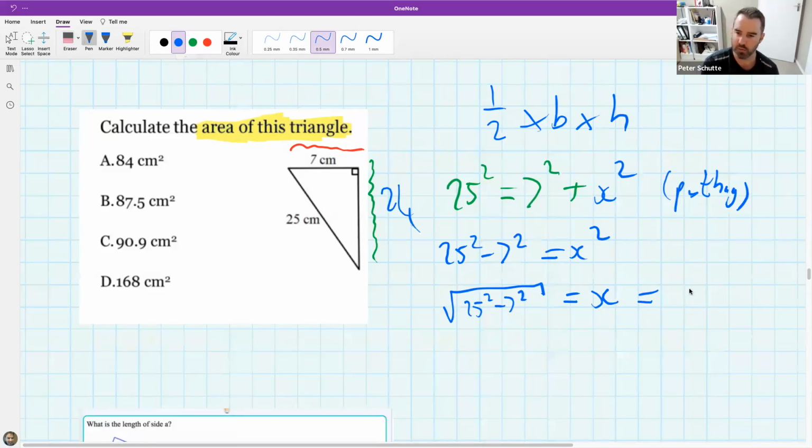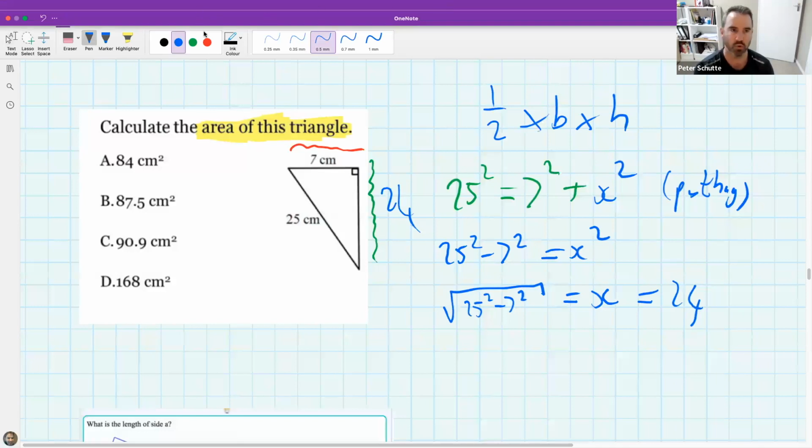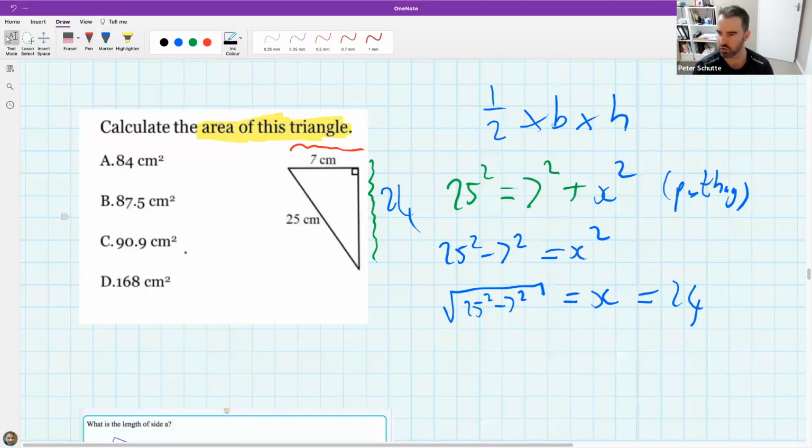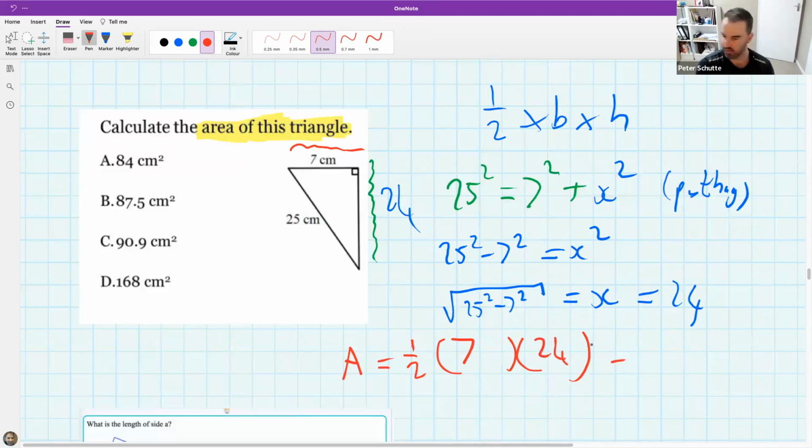Now, once we know that that is 24, and that's correct, we need to figure out the area for this. So which of the 4 options are we going to choose? I know the area is half, and then 2 more things. 7 would be one, and then 24 would be the other.